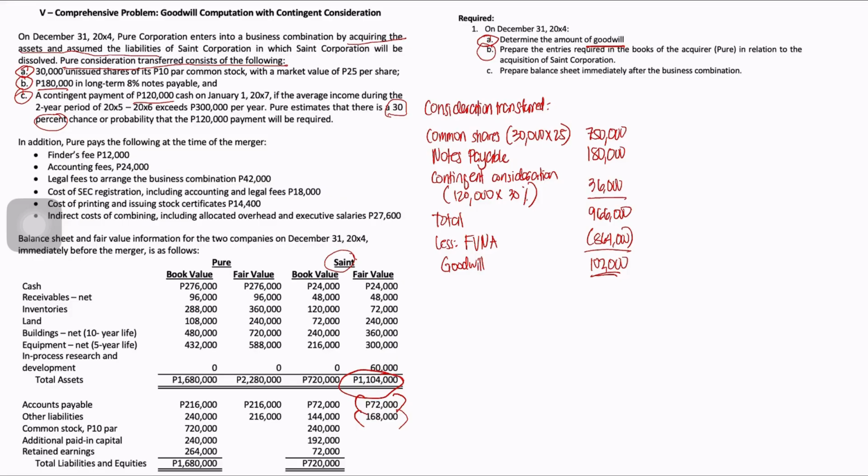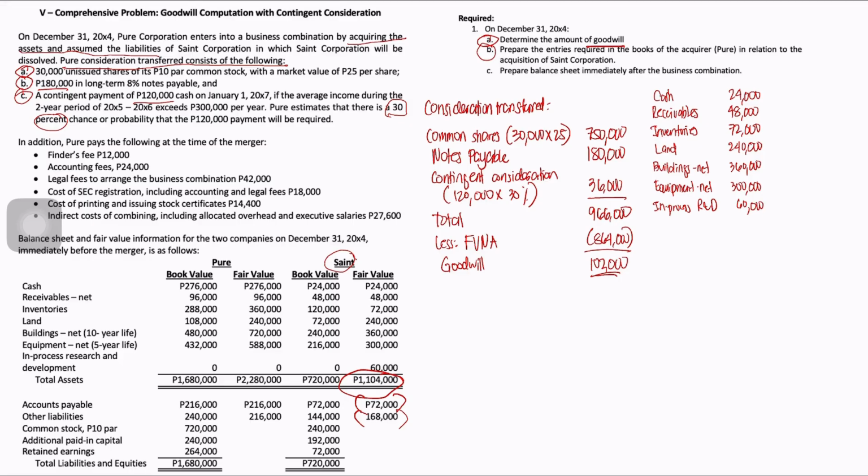The assets acquired are the following: cash, 24,000, receivables, 48,000, inventories, 72,000, land, 240,000, buildings, net, 360,000, equipment, net, 300,000, and in-process R&D, 60,000.